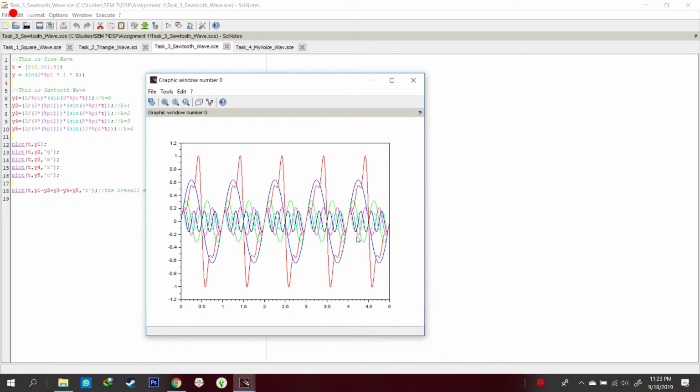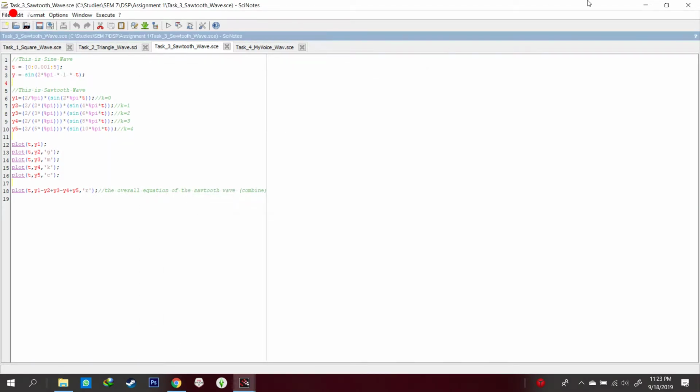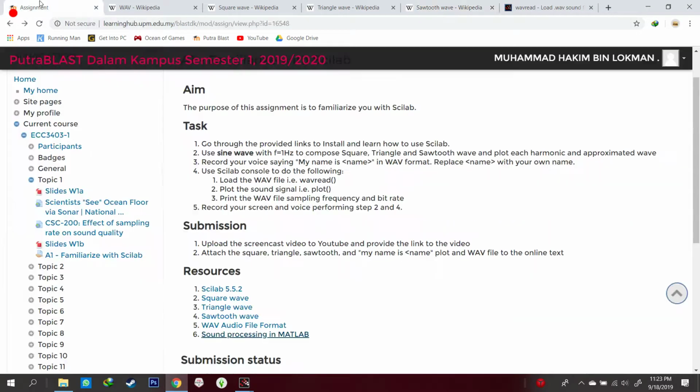So that is basically the task for number 2. We can get the square, triangle, and sawtooth wave using a sine wave, and we also plot each harmonic approximated wave. Next is task 3, which is sound processing.